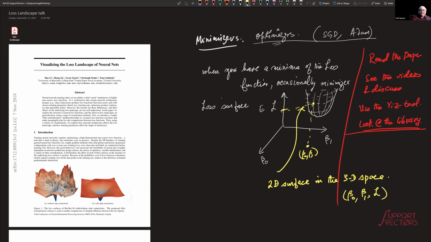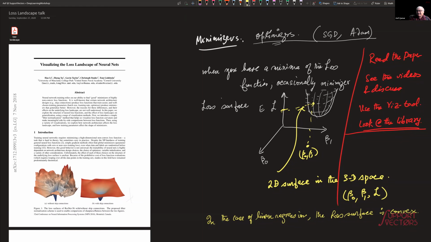Now, in the deep neural network, the statement made is, this is a converse. Let's just point out one more thing. In the case of linear regression, the loss surface is convex. What do we mean by that?